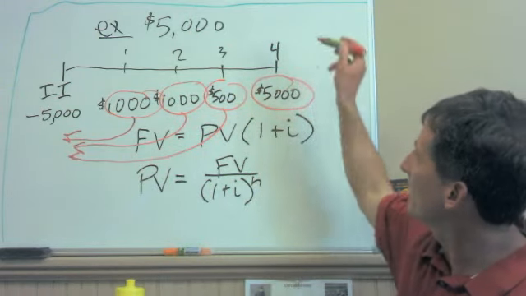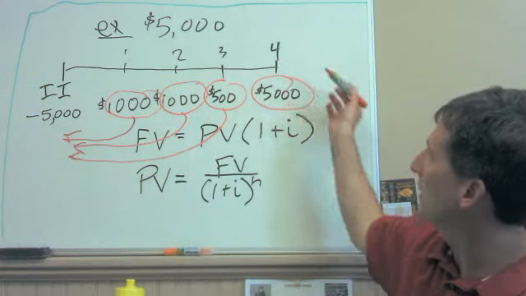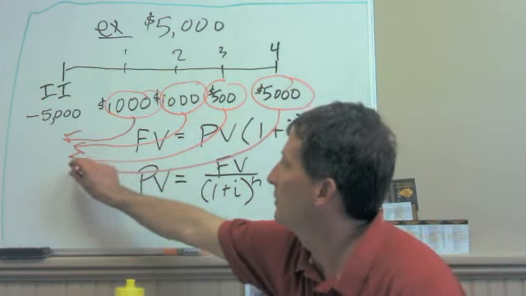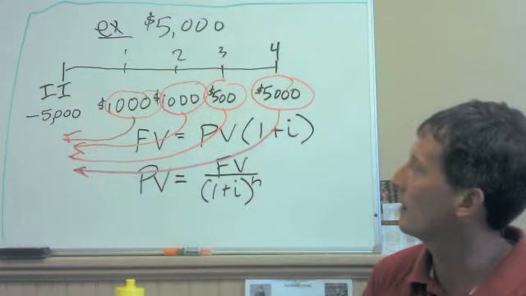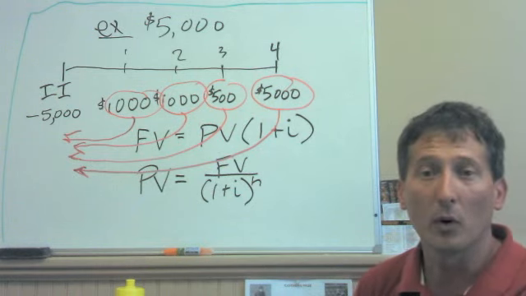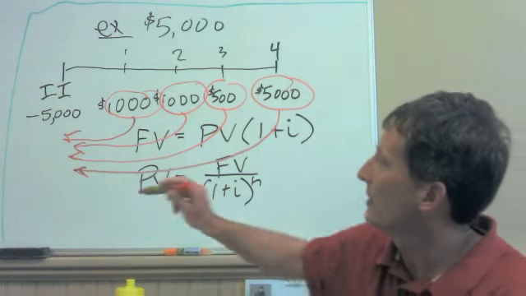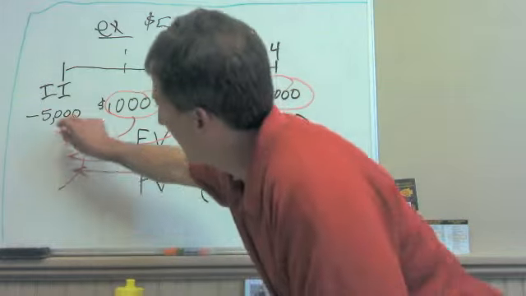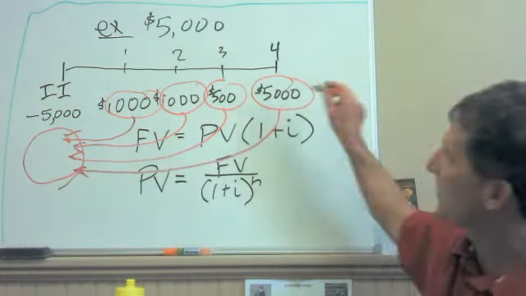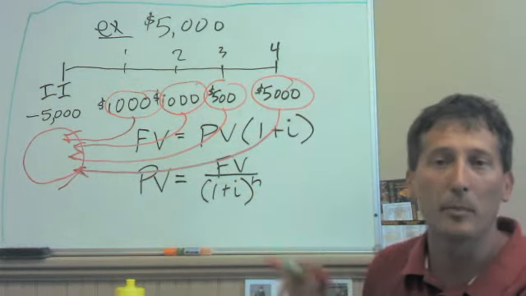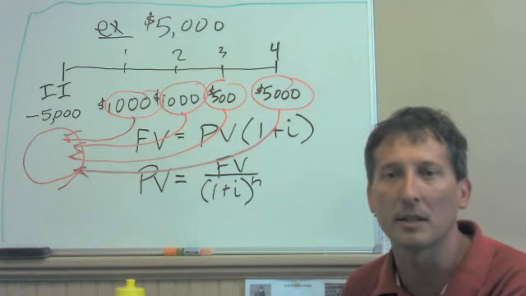And then finally, the $5,000 that I gave up, I get back in year 4, bring it all back, so that the present value of this future sum of money can now be compared to my initial investment.